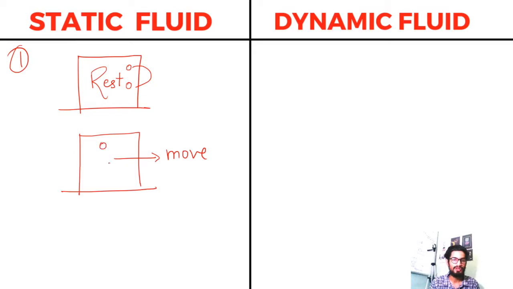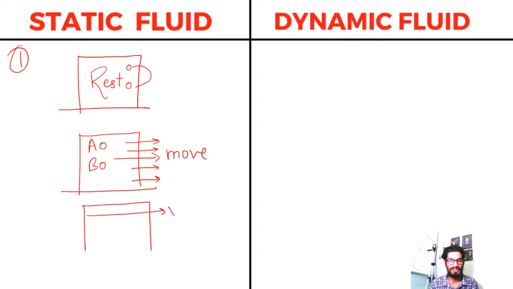If there is no movement taking place between molecules with respect to each other. If this A molecule and this B molecule are moving together all throughout the flow, then I will call it a static fluid. Or you can say, if there are layers of fluid that are moving with the same velocities without any relative motion to each other, then it will be known as static fluid.